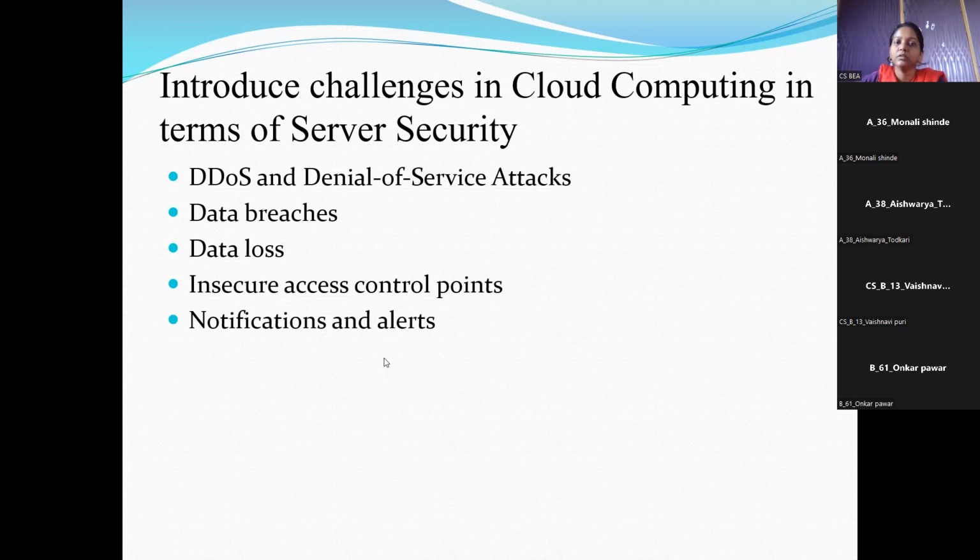The next step is choosing the right tools and vendors to mitigate the cloud security challenges. If you have found the different challenges, then you have to find the right tool to solve those particular problems.